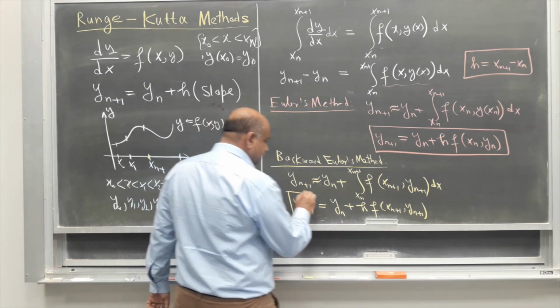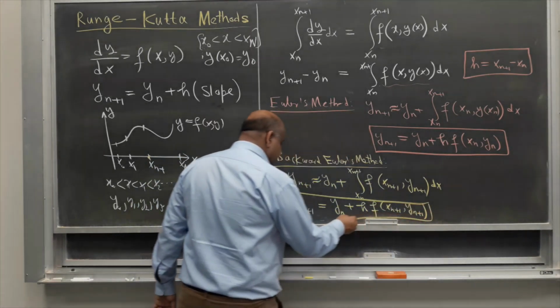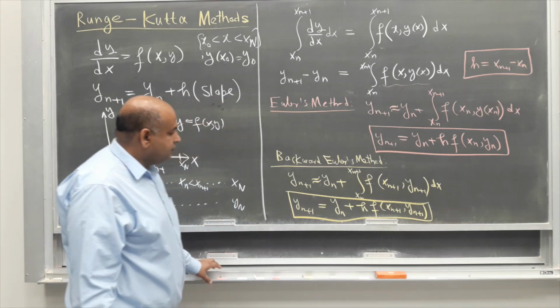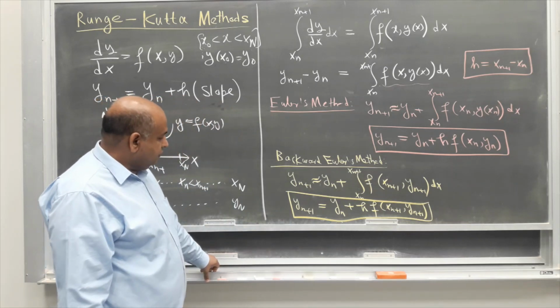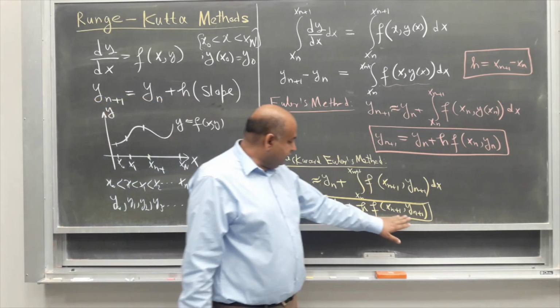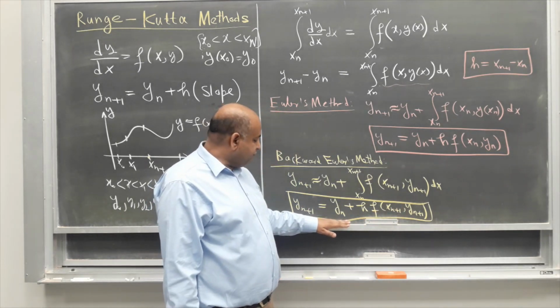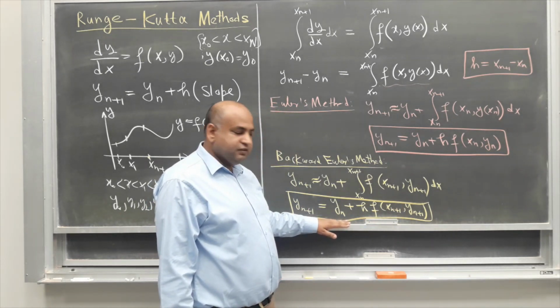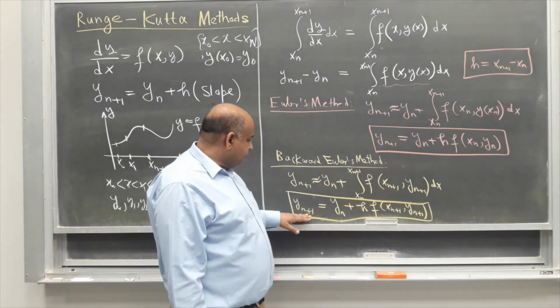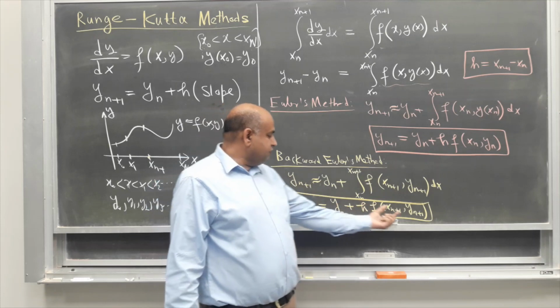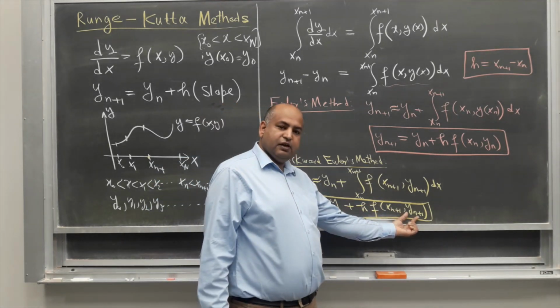So this is the backward Euler method. Of course, in this method, if you want to use the equation as it is, then we might have to use some root finding method to find y_{n+1}. But sometimes we can use a simpler method to find this guess value.